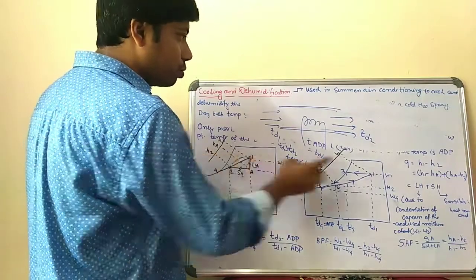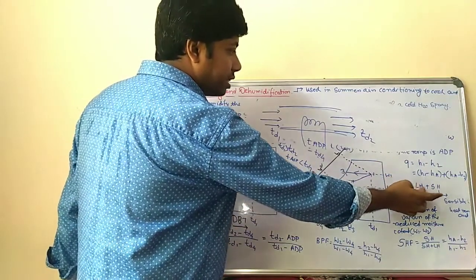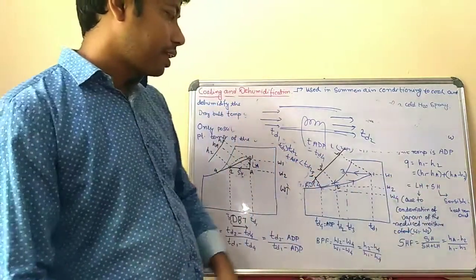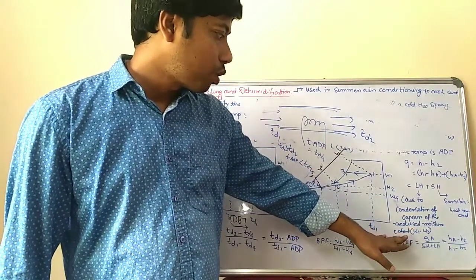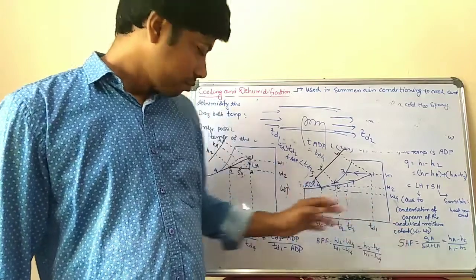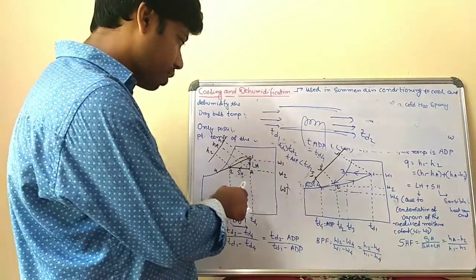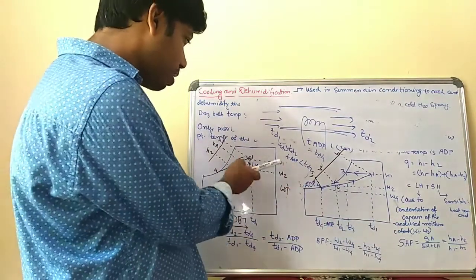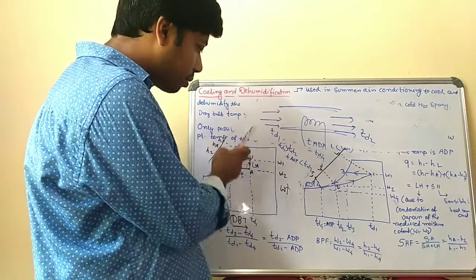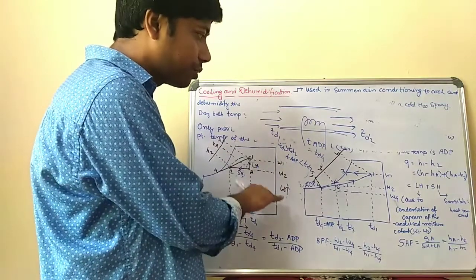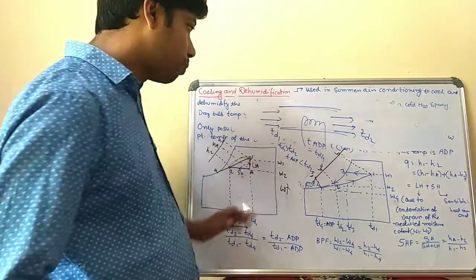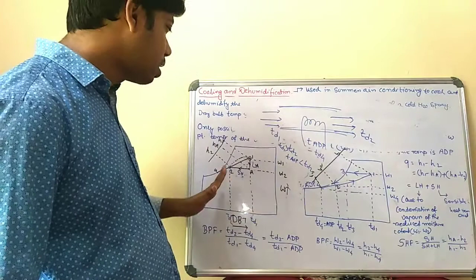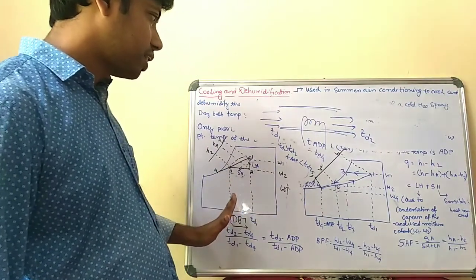So that is basically LH plus SH. LH is basically the latent heat due to the condensation of vapor, the reduced moisture content. In the latent heat part, the dry bulb temperature is constant, but the specific humidity reduces from W1 to W2, but when the sensible heat is removed, it only reduces the dry bulb temperature.